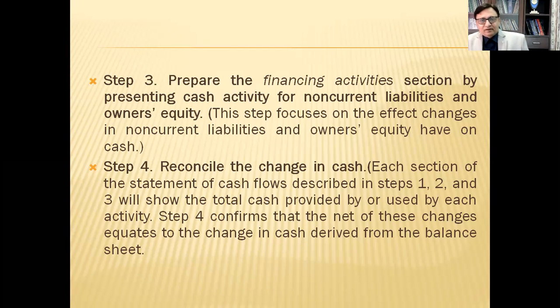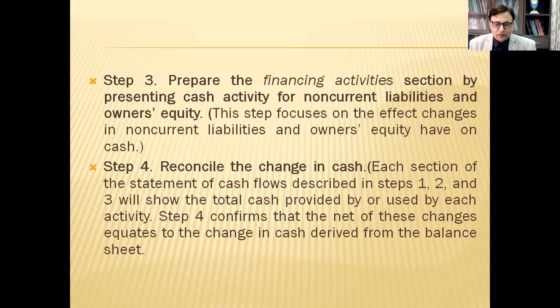In this step, first of all, we will aggregate the figures from section 1, which is operating activities, section 2, which is investment activities, and section 3, which is financing activities. So we will reconcile the change in cash. Each section of the statement of cash flows described in steps 1, 2, and 3 will show the total cash provided by or used by each activity.